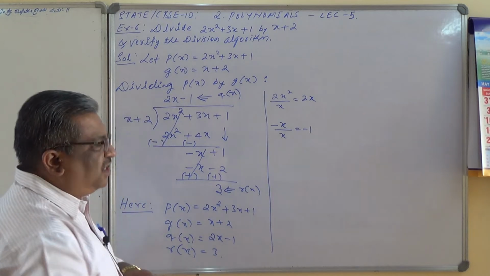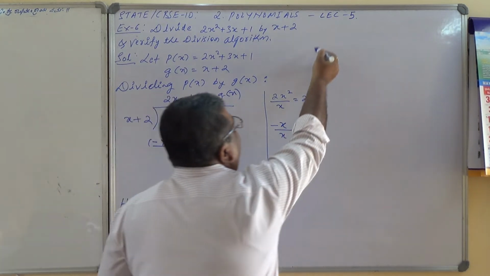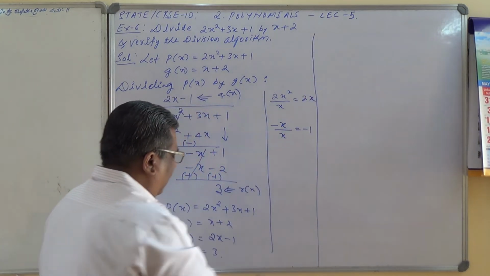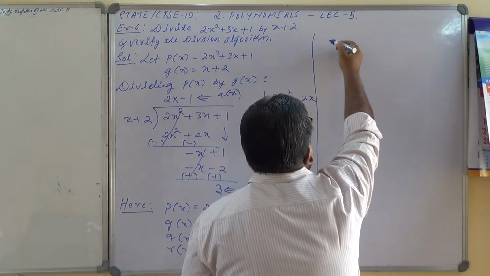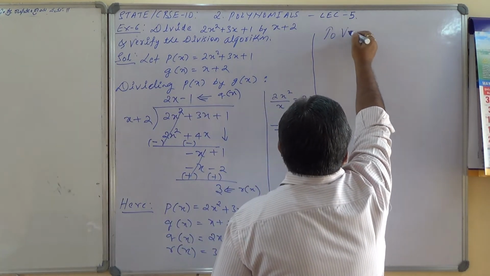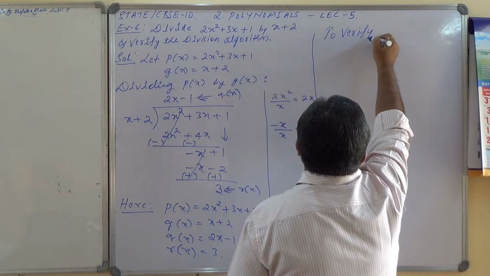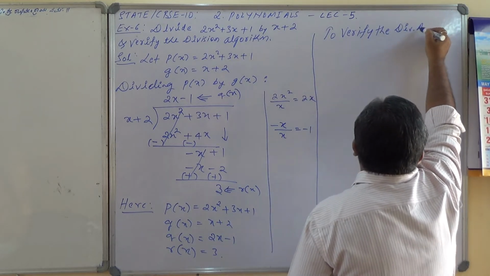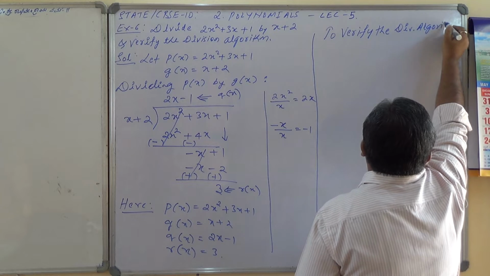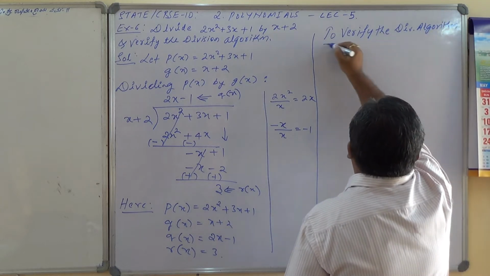Now to verify the division algorithm, how to verify the division algorithm? This is what we have found out. We found that the remainder is 3 here. How do you verify it?